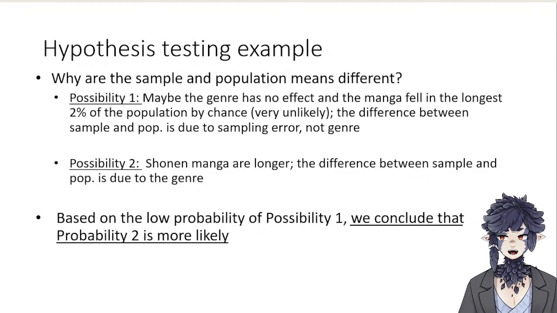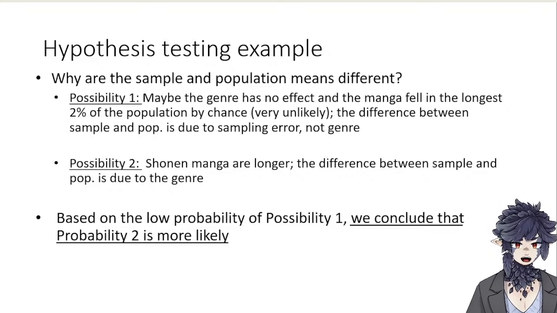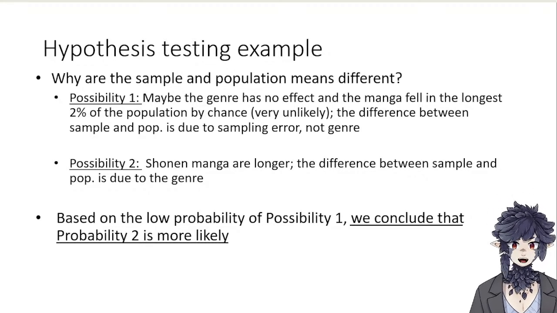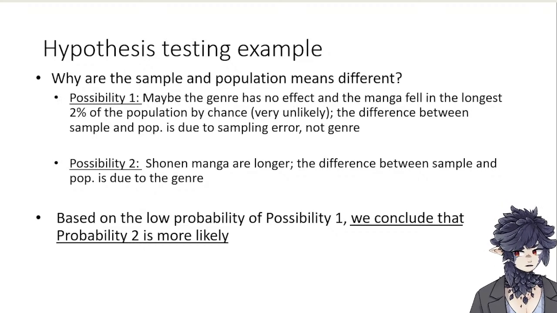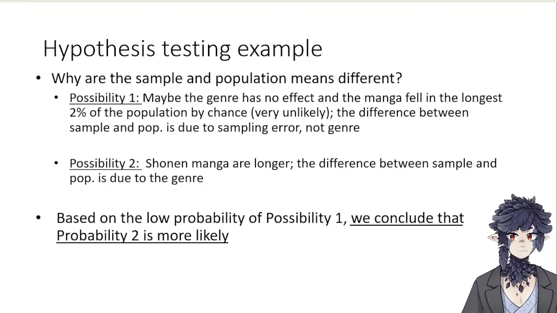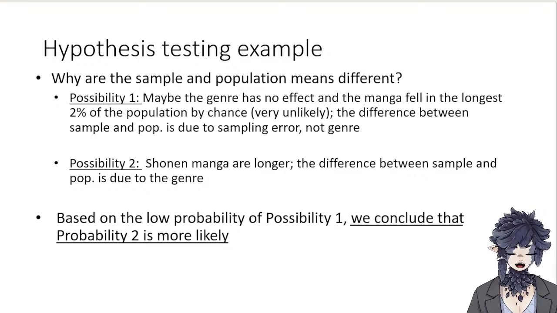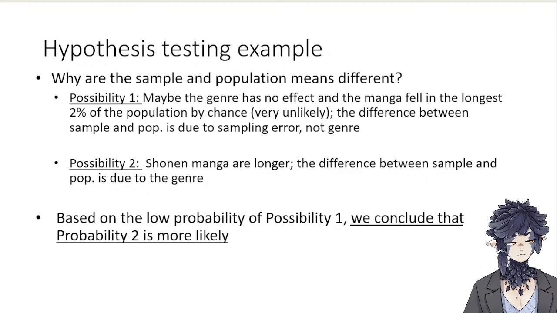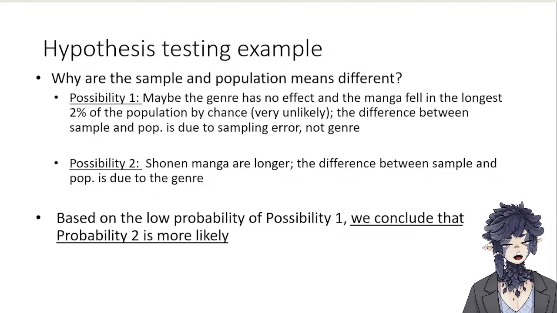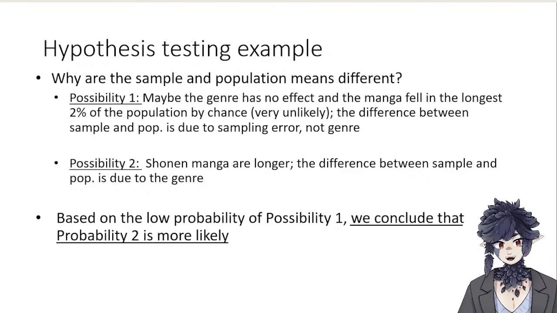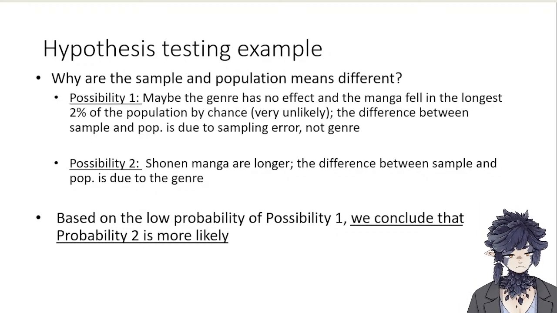In this case, because there's only a 2% chance that we would have randomly seen a difference that big by coincidence, we conclude that it's more likely that the difference is real here. 2% seems pretty unlikely to us. We say it's more likely that shonen manga actually are longer than regular manga than that this was a coincidence.